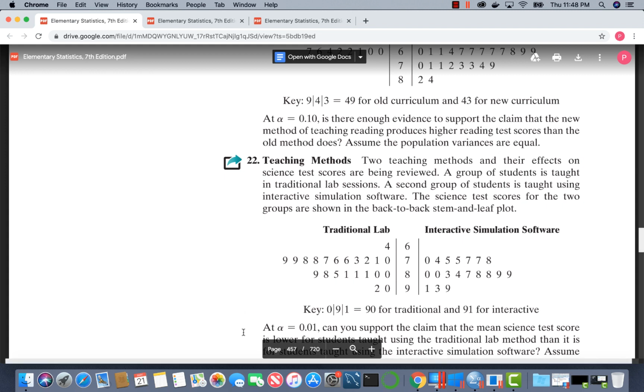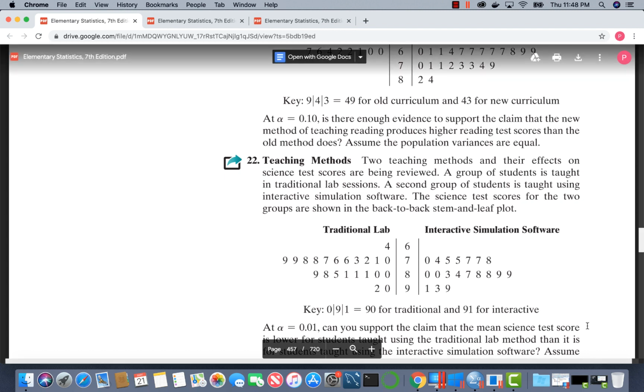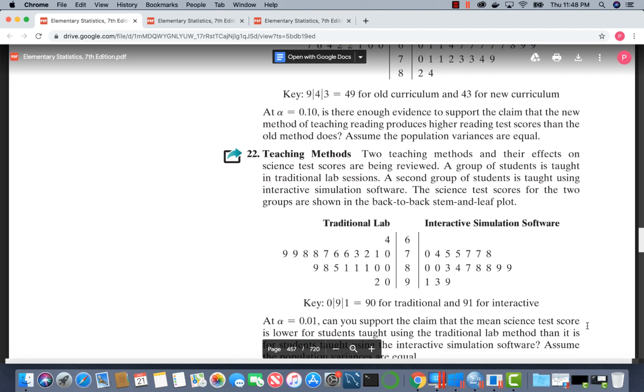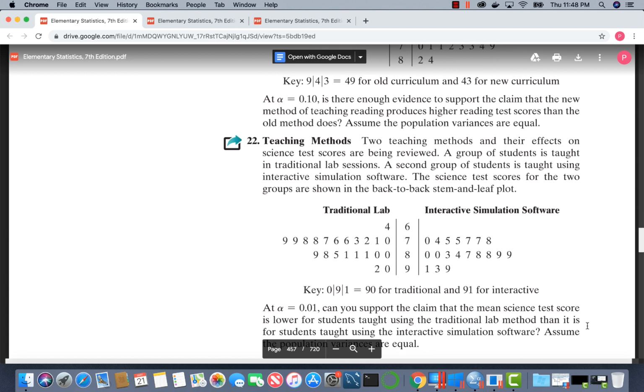And look what they say. At alpha equals 0.01, can you support the claim that the mean science test score is lower for students taught using the traditional lab method than for students taught using interactive simulation software?